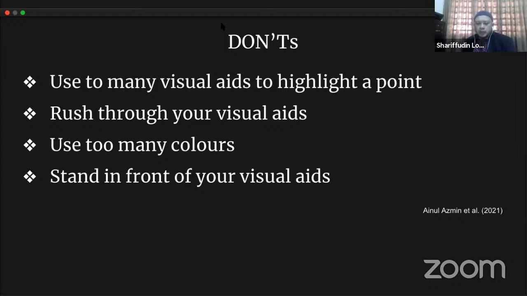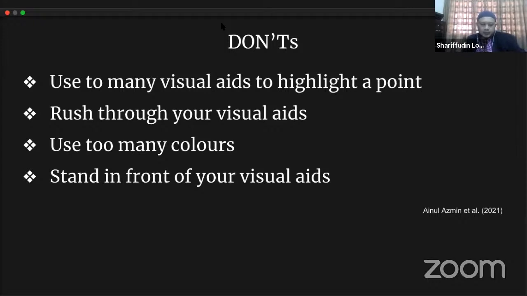So when you play with the background, with the colors for your slide, tengok warna dia. Don't choose colors yang striking. Boleh bayangkan tak? Can you imagine? It will be blinding. It will be an eyesore, kan?